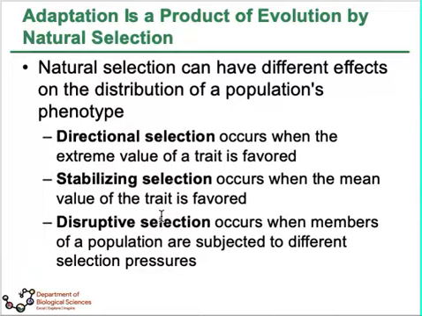So natural selection has different types that affect the distribution of the population of the phenotype. First we have directional selection. In this type of selection, there is one specific trait that is being favored, or extremely favored, as compared to the other trait, while stabilizing selection occurs when the mean value of the trait is favored.